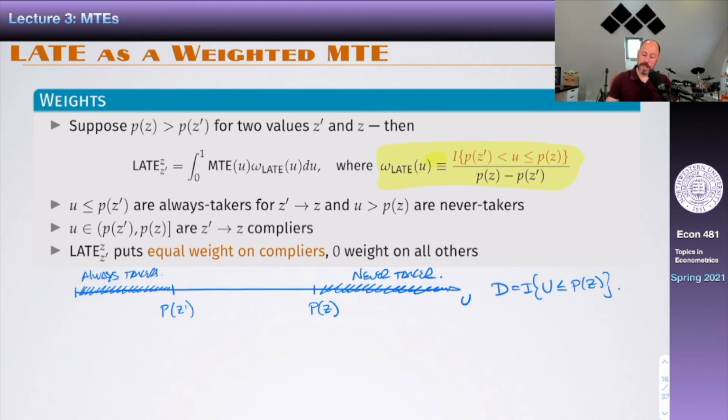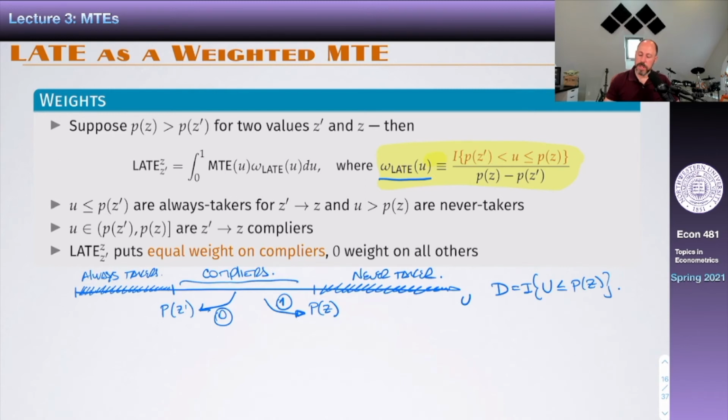You're just going to never take the treatment. And then you have people over here. These are the compliers. These are people that choose 1 if the value of the instrument is Z, but choose 0 if the value of the instrument is Z'. And so now look at the weights that you get for LATE.